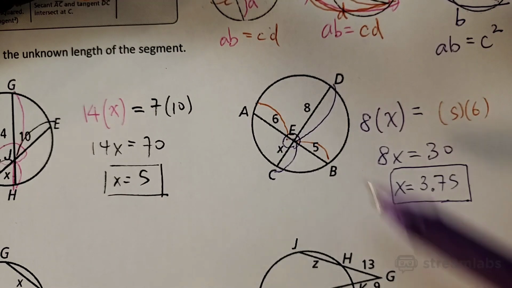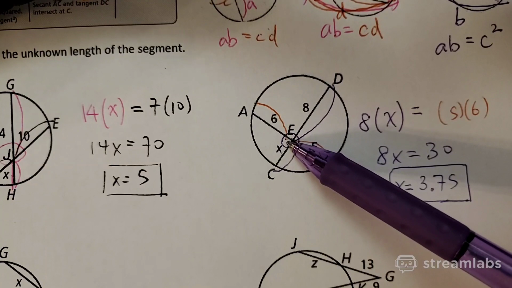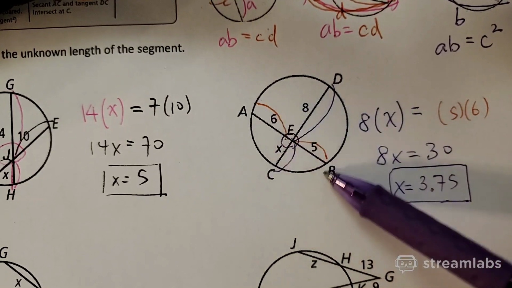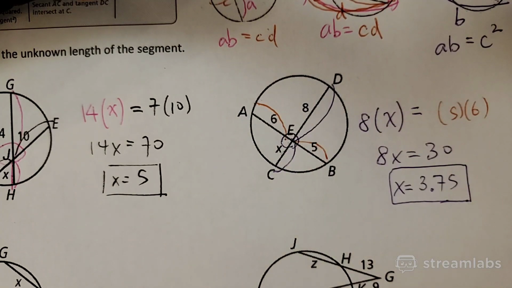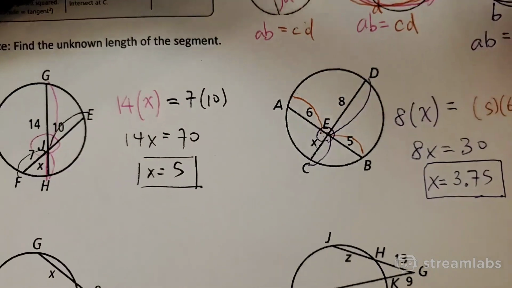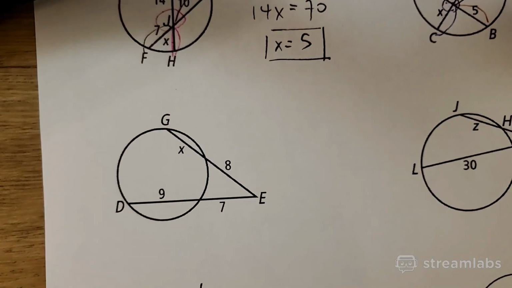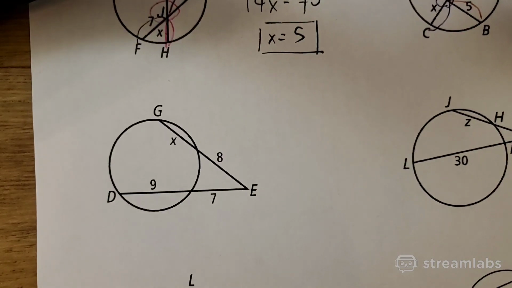So remember, when it's inside, we find the segments. Here times here equals that times that. You always want to find the intersection first. And this is extremely important when we do outside situations. So where is the intersection on this one?